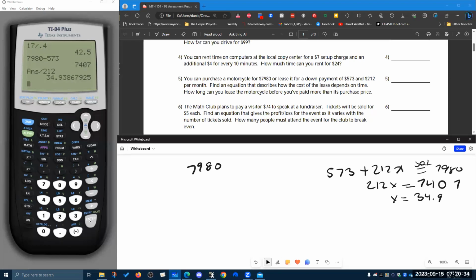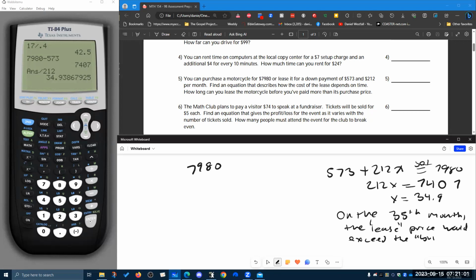So on the 35th month, the lease price would exceed the buy price. Okay.